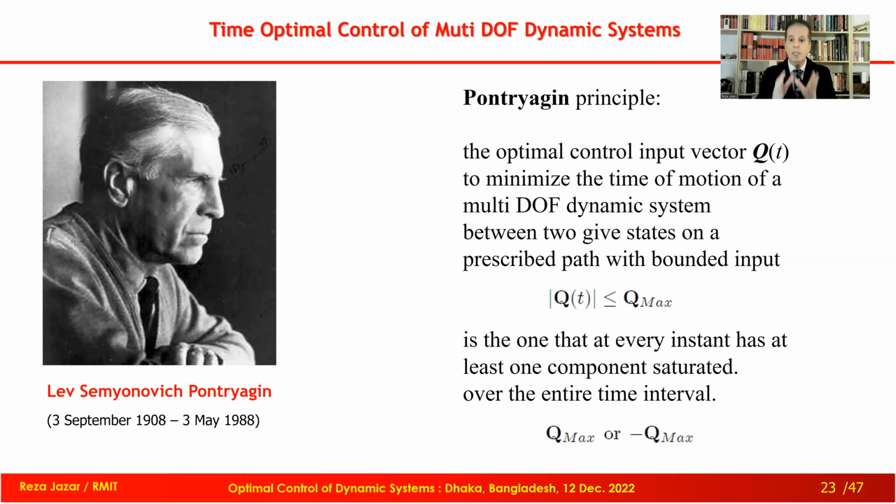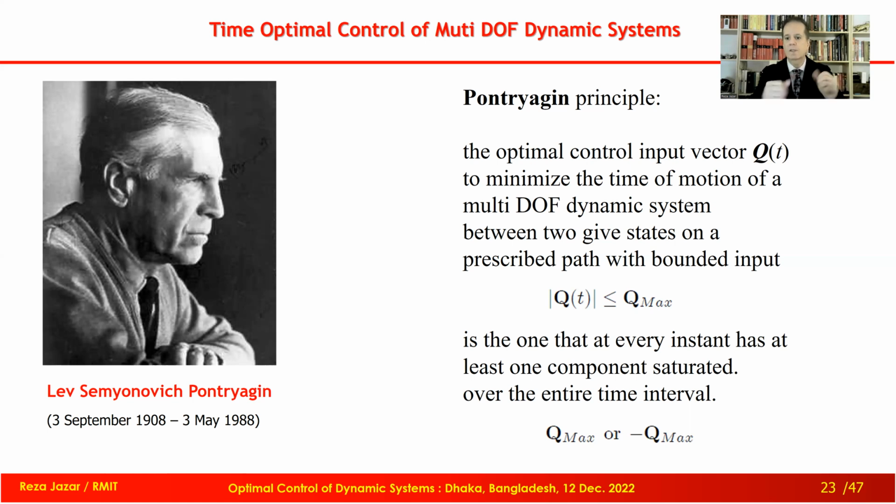But at least if there is a numerical method that we can develop such that at any time at least one actuator is saturated and the rest of them are within their limit, that's the solution. There are not two solutions. There is only a unique solution, one solution. And if you find that solution with any method, that's it. So my point is to introduce one method that I invented to solve such a problem.